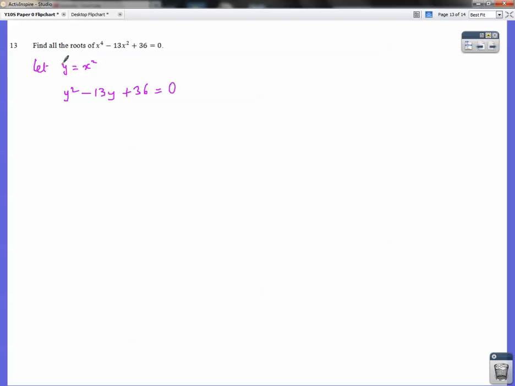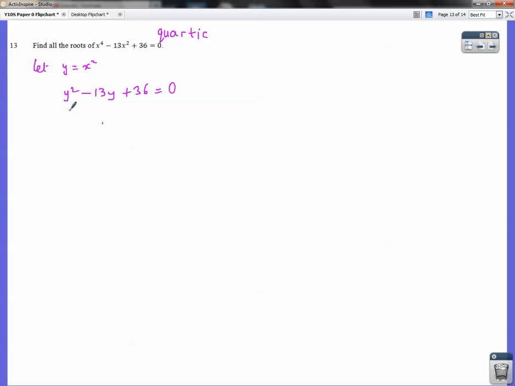In effect, this quartic equation is actually a quadratic equation in x squared. Now, I'm going to solve this equation to work out what y is, and then I'm going to work out the values of x that go with the particular values of y that I find.